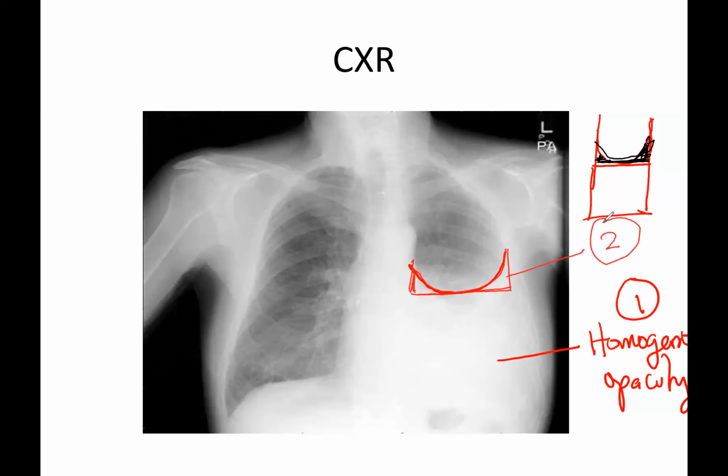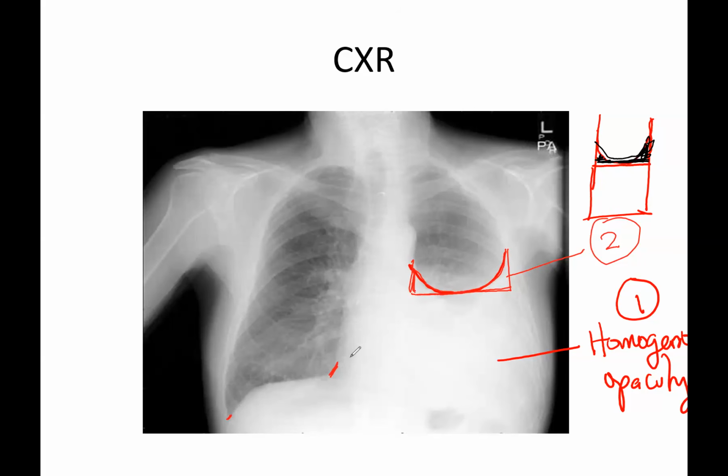And number three, this part is called cardiophrenic angle, and this is called costophrenic angle. Cardiophrenic angle is the angle between the heart and the diaphragm.